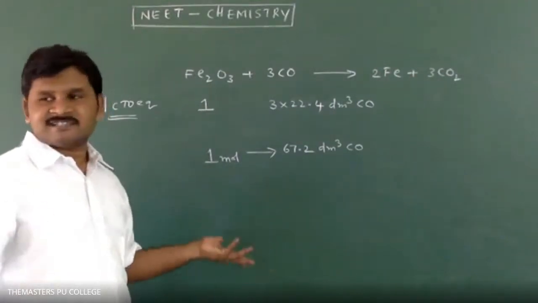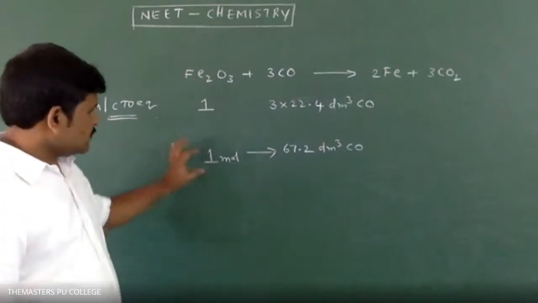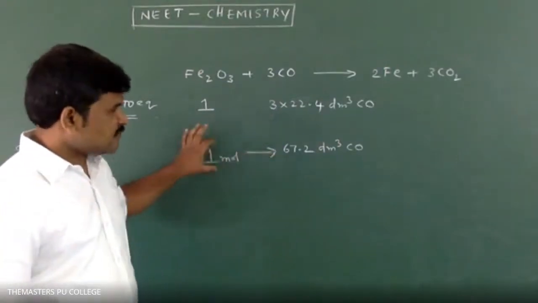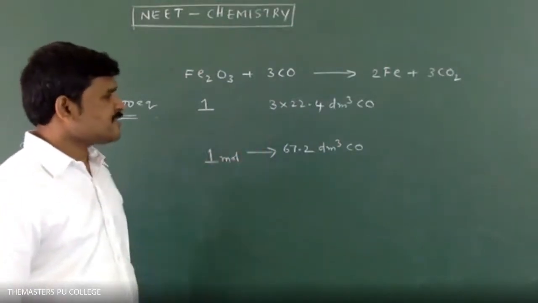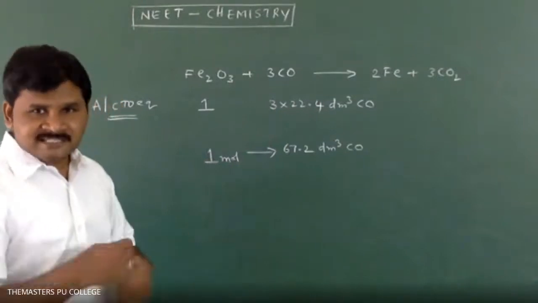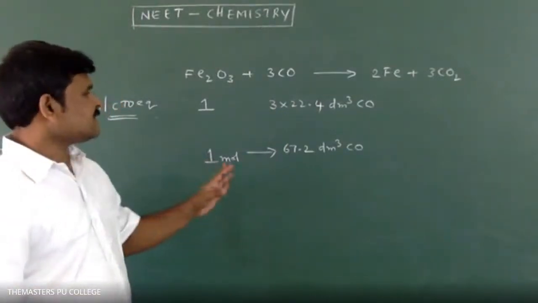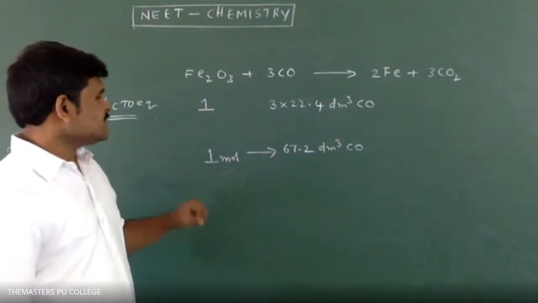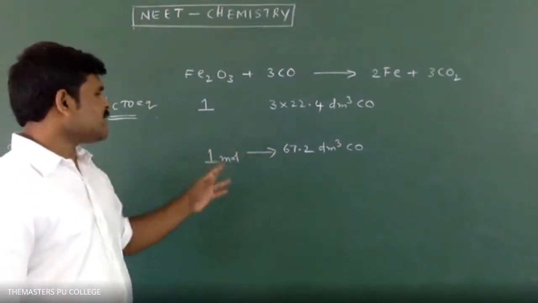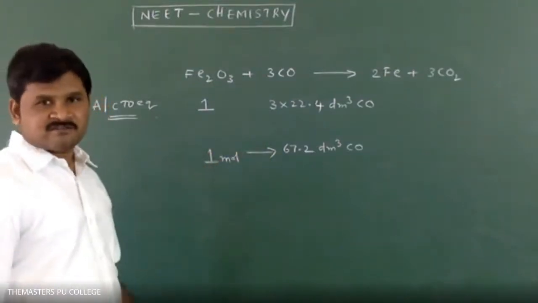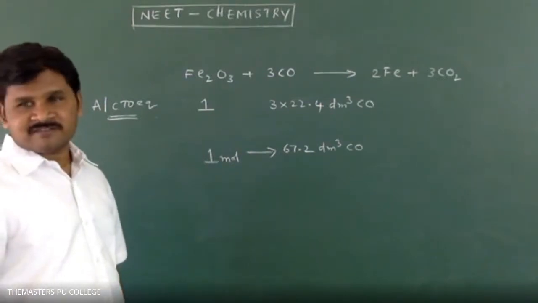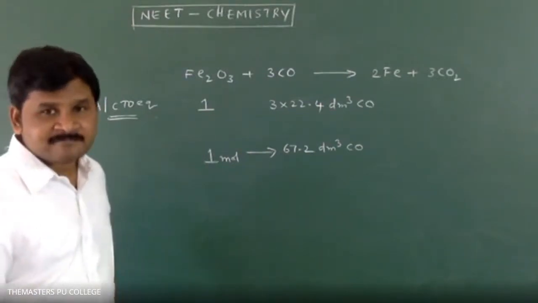Cross multiplication. If you take x moles, x equals x into 67.2 divided by 1. We will get how much volume we require. Clear, students? Yes, sir.